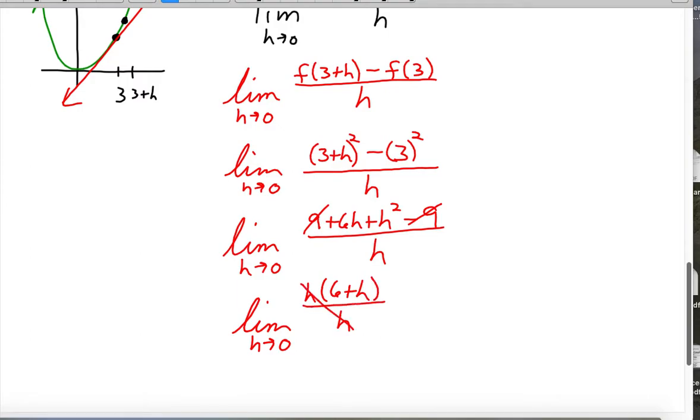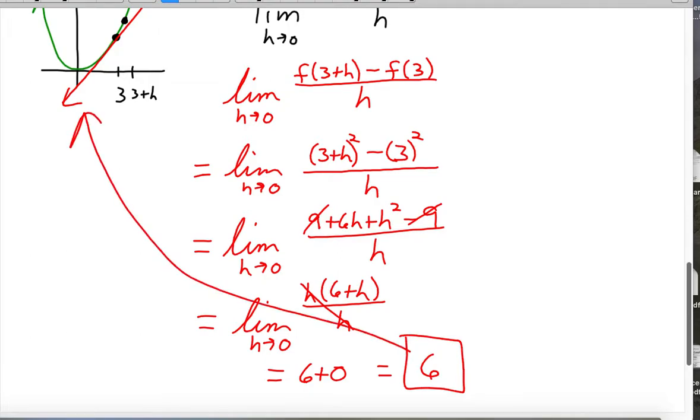And those h's cancel. H divided by h is 1. And now I can evaluate this limit because I can plug in 0 for h, and I get 6 plus 0, which is equal to 6. And so that's the slope of the tangent line to that parabola at x equals 3.